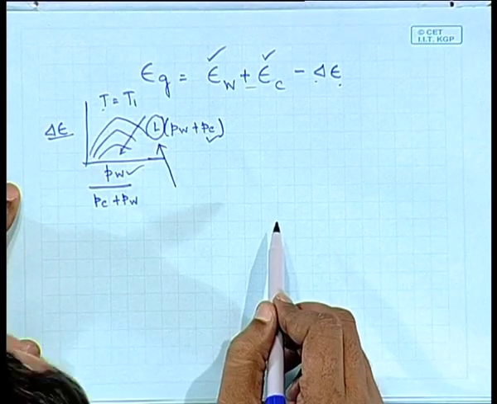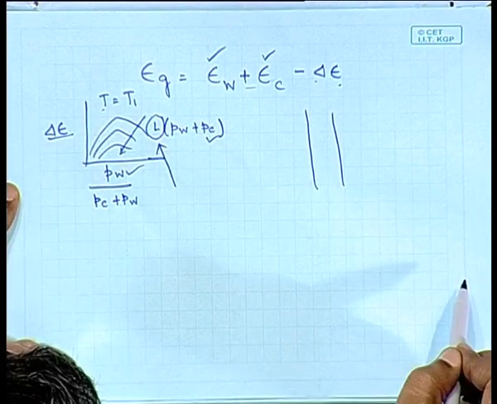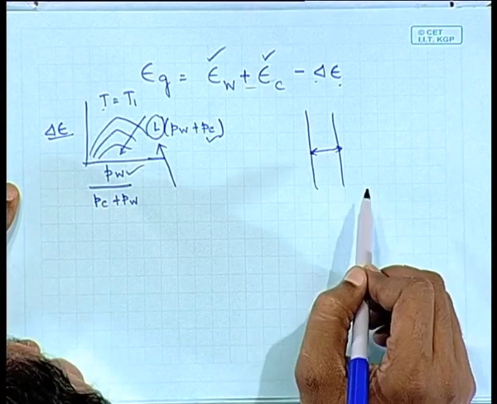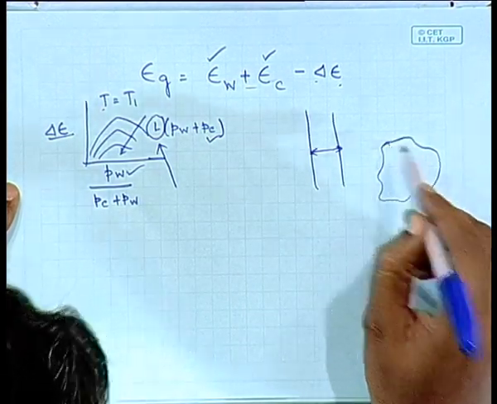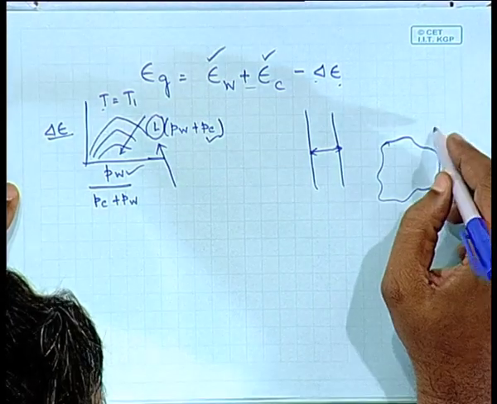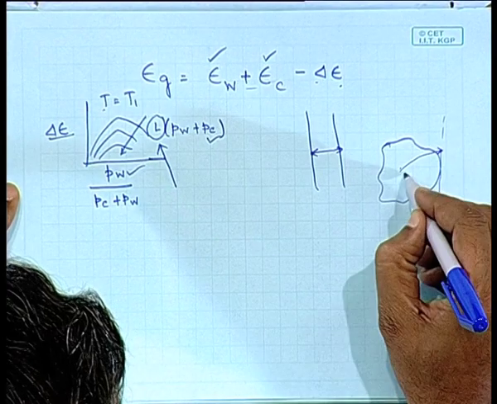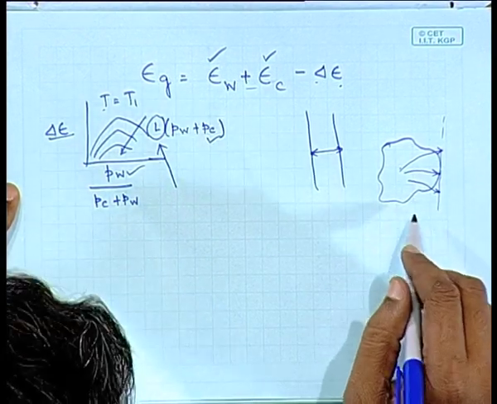This L is easy to understand if I have two surfaces like this. Okay. Then this L will probably be just the distance between the two. But what if I have an unknown shape like this? Okay. And this unknown shape is radiating, giving radiation to a surface which is neither a sphere nor a cube.